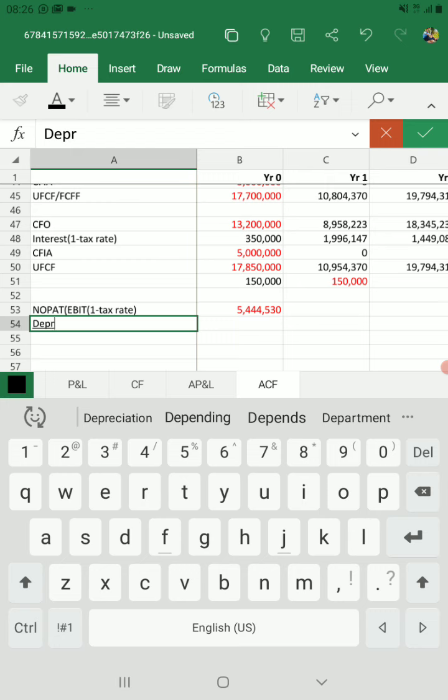In our case here there is depreciation. There are other factors like unrealized gains and losses, impairment, and amortization. All these form the non-cash items, but in our case here it's depreciation.